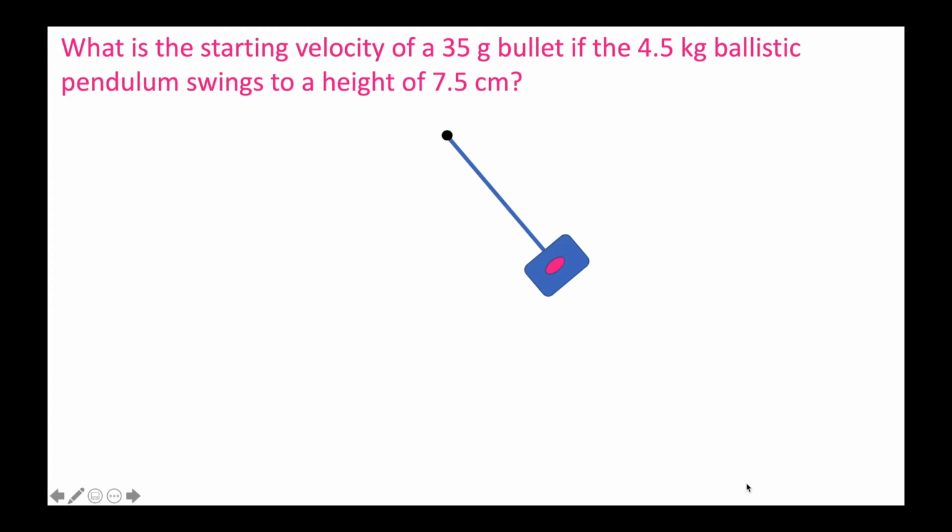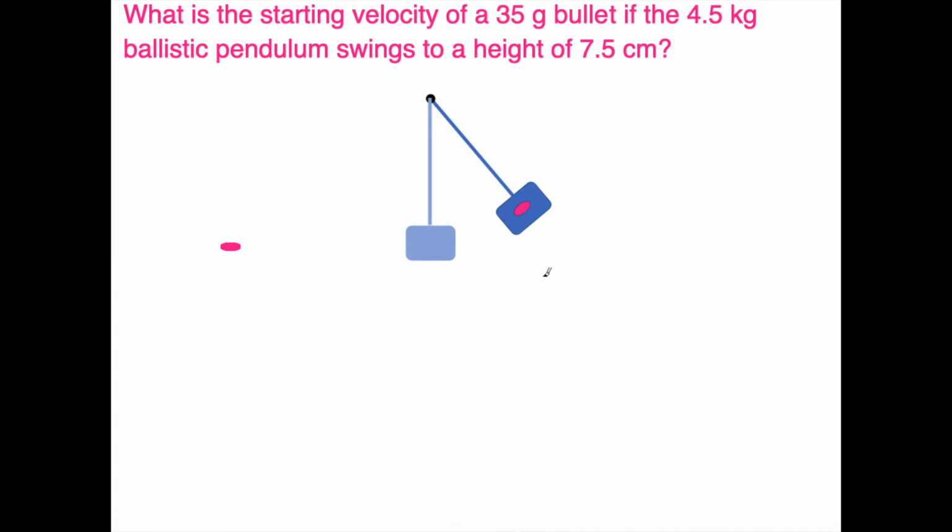So we're going to solve this problem now. I'm going to add my numbers here. This height, I'm going to draw it from here to there. That height we know is 7.5 centimeters. The mass of the bullet was 35 grams.